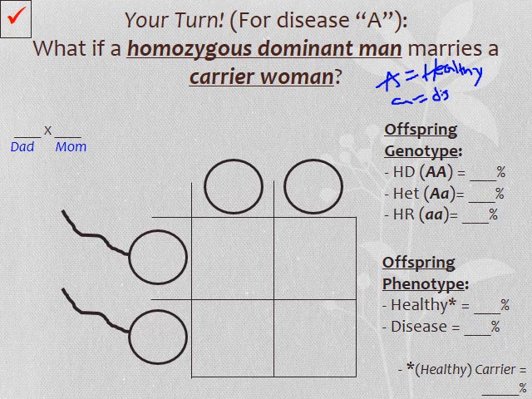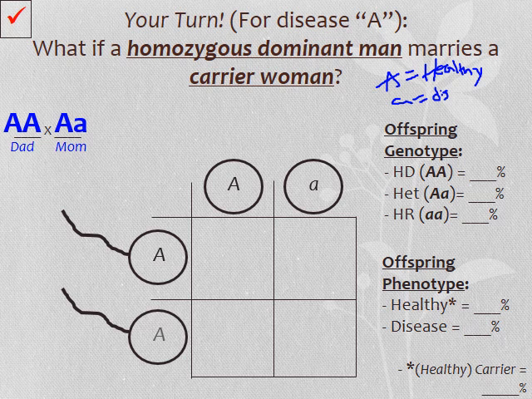In this case, if dad is homozygous dominant, dominant being healthy, he would be big A, big A. Now if mom's a carrier, that means she doesn't quite have the disease, but she could pass it on. She is heterozygous for this, so she would be big A, little a.